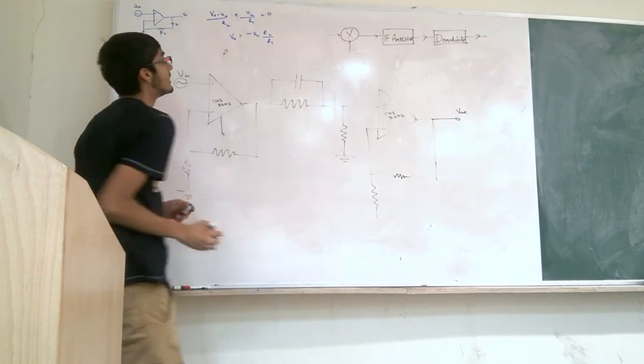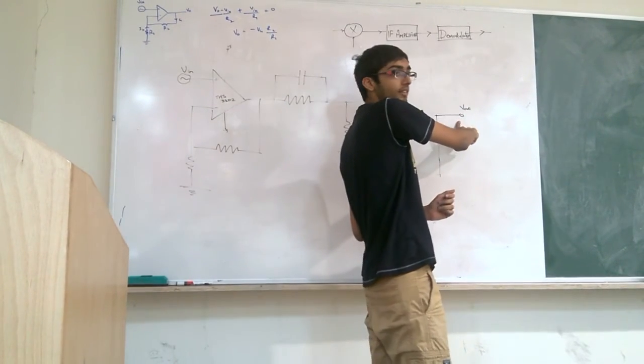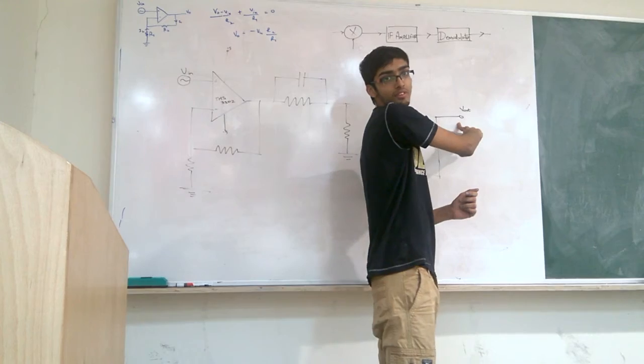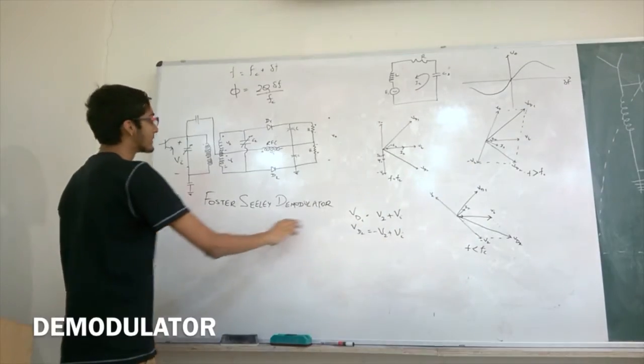So this amplification process happens twice, and then we get an amplified wave of a very specific frequency of 10.7 megahertz, which is then passed on to the demodulator. This is a Foster series demodulator.